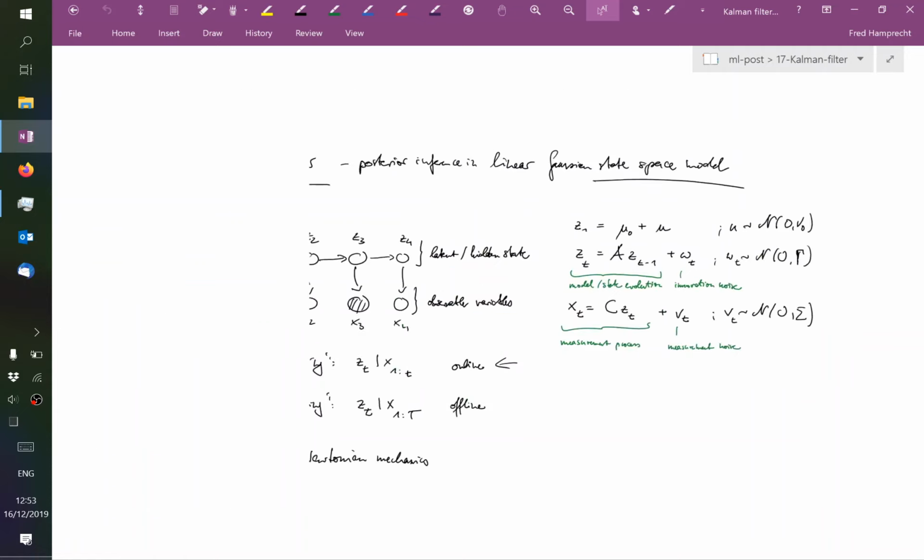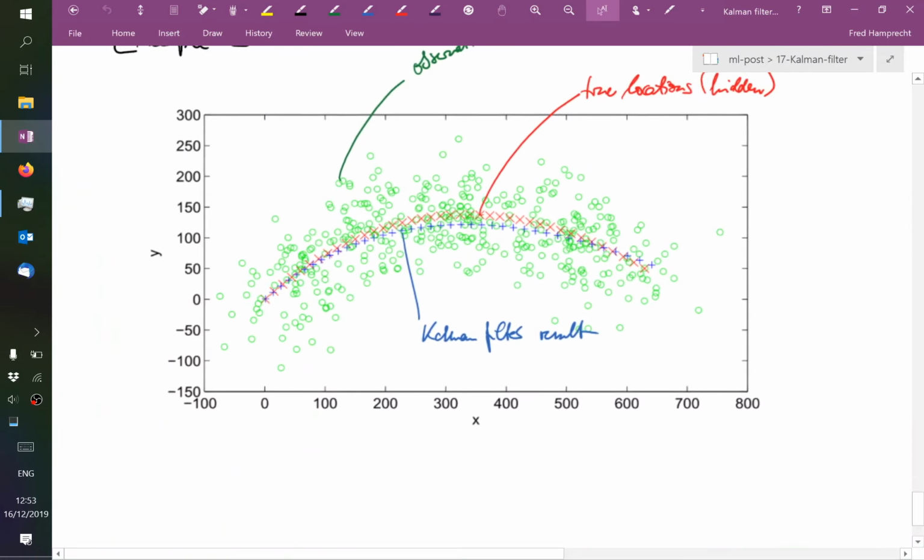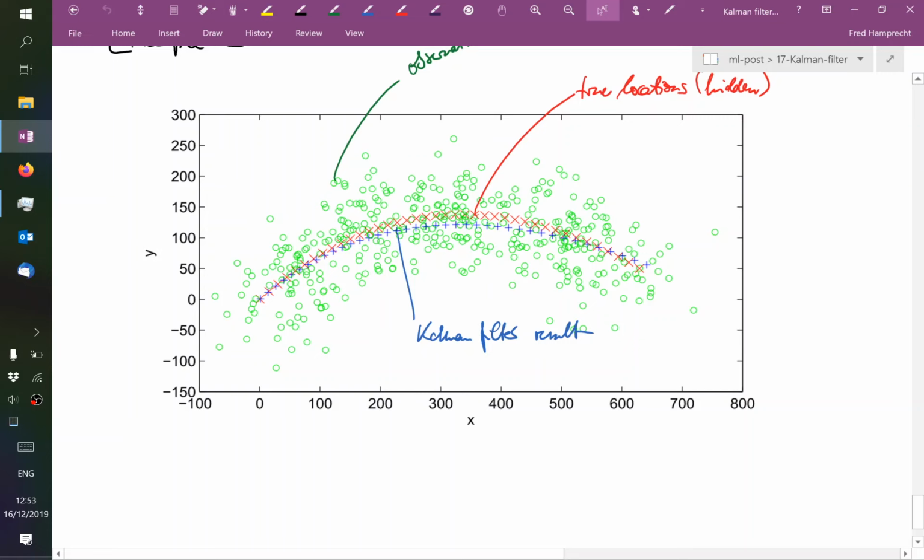So in this example here, if I make my measurement noise too small and my innovation noise too large, then we don't see the temporal ordering of these observations here. But then I would update the hidden state according to the way these observations come in. So I overfit the data.